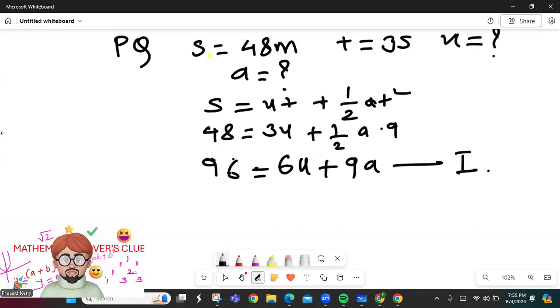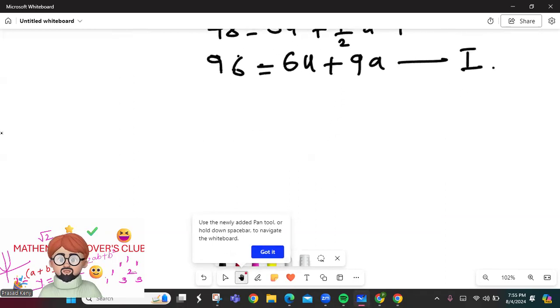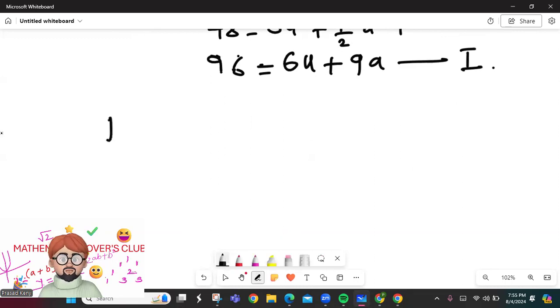So in this case, what you do is, instead of taking the journey from Q to R, take the journey from P to R. Now, for the journey from P to R, we have total time t.